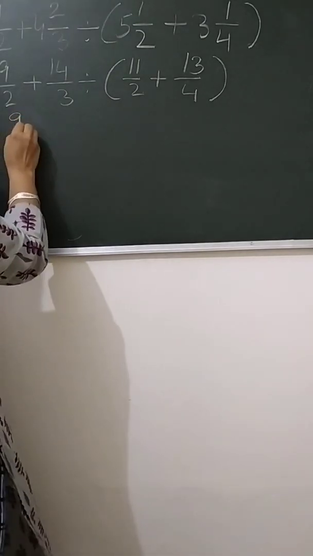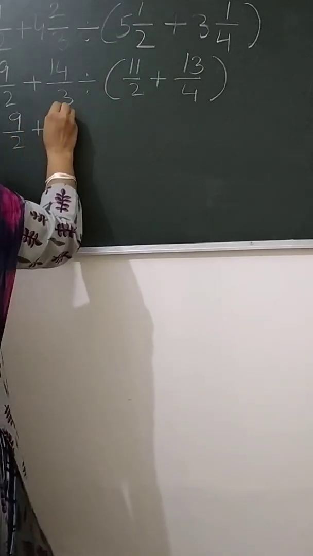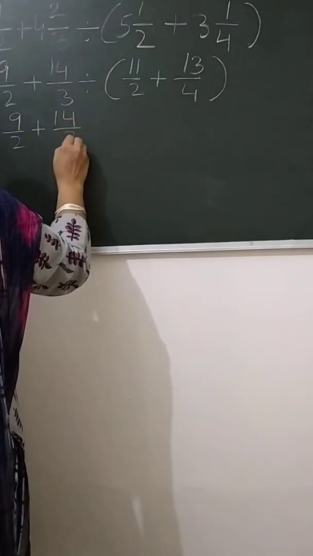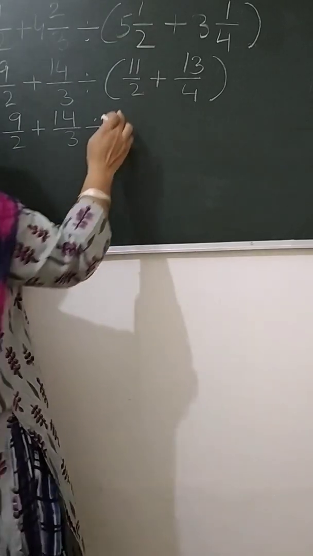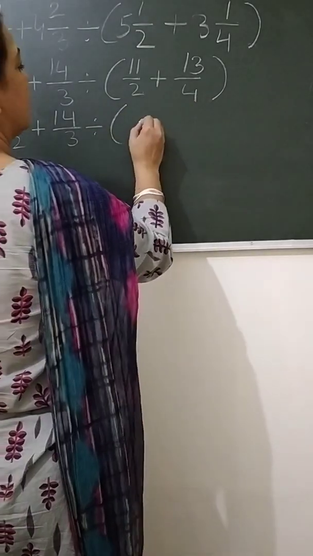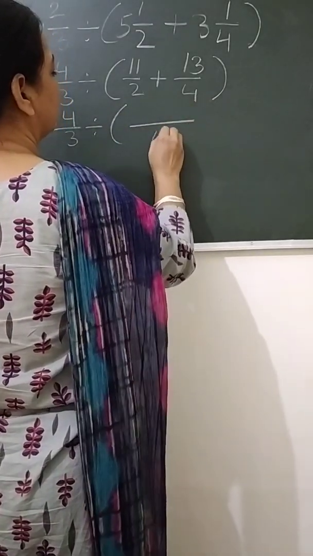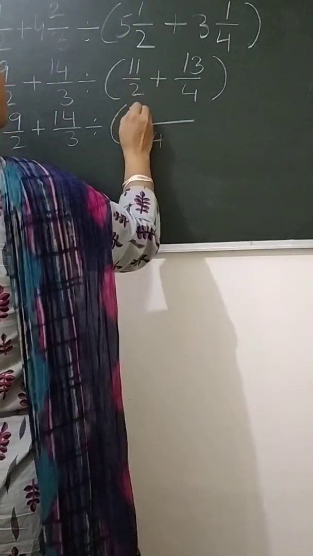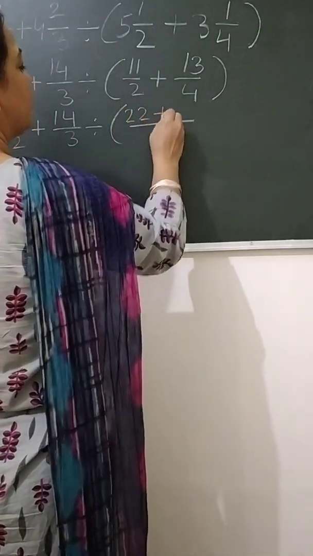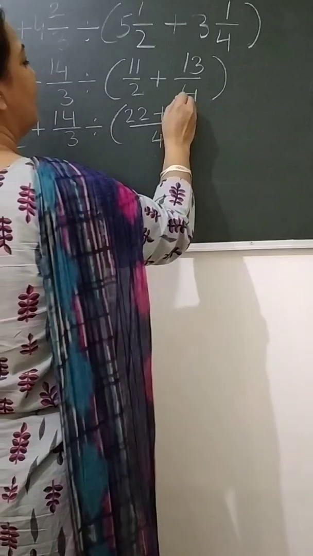Now this is 9 over 2 plus 14 over 3 divided by, we will simplify these two numbers. LCM of 2 and 4 is 4. 4 divided by 2 is 2, 2 11s are 22 plus 4 divided by 4 is 1, 1 13s are 13.